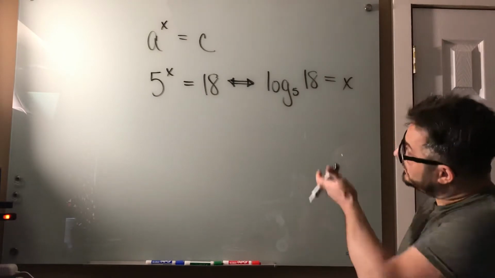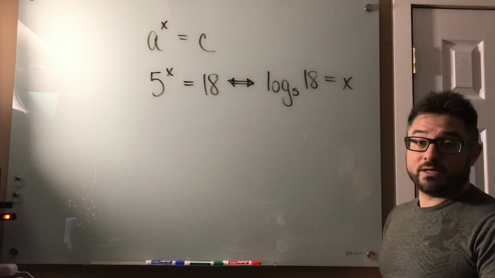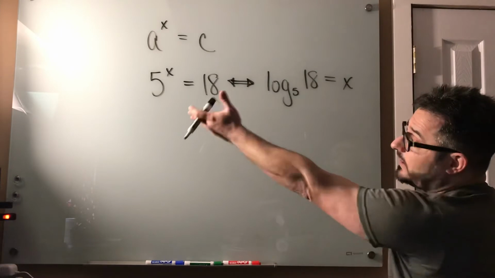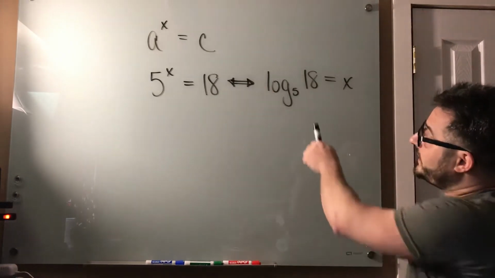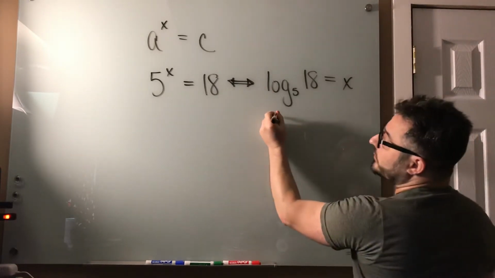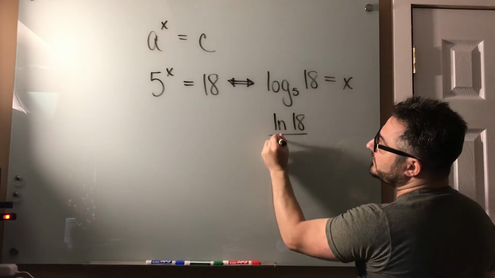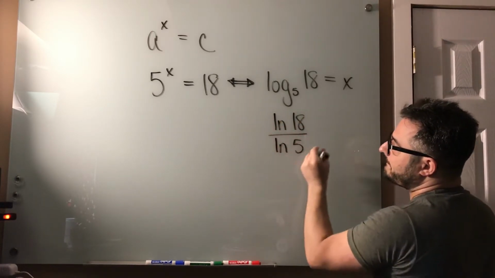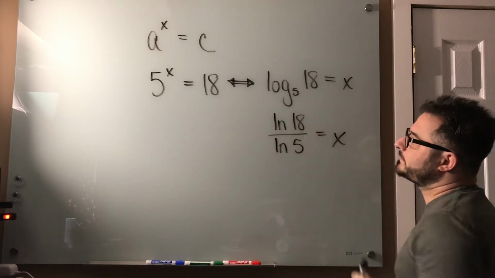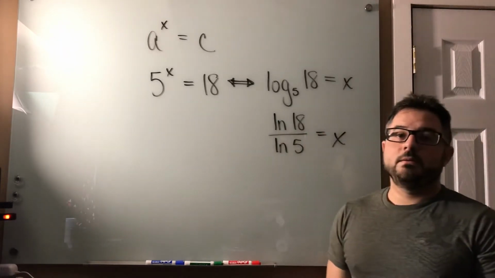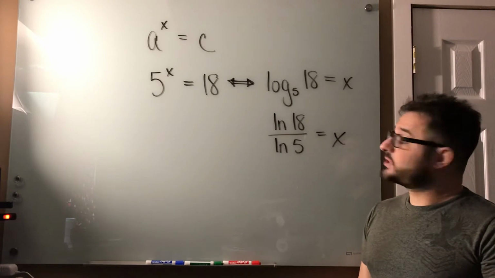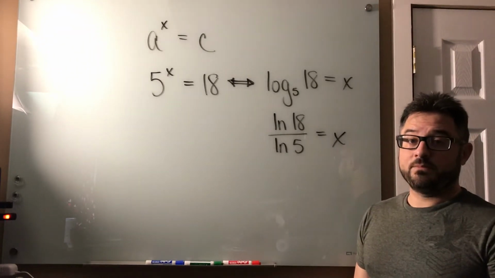Now, like the first option where we used the logarithm base 5 on both sides of the equation, we now would need to use the change of base formula, again with either common log or natural log. So we do still need the change of base formula if we do it this way.